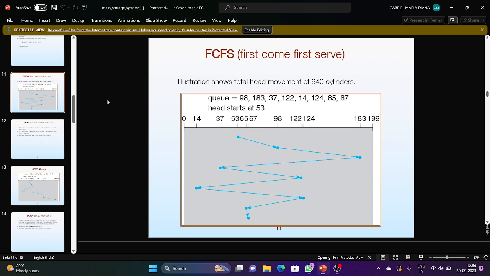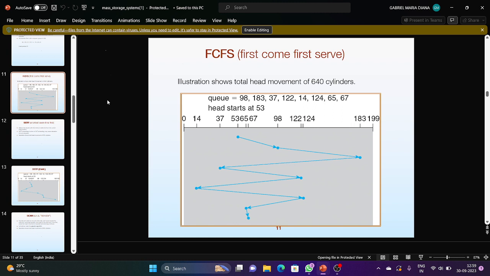The read write head starts at 53, as shown in the diagram; the read write head's initial state is at 53.